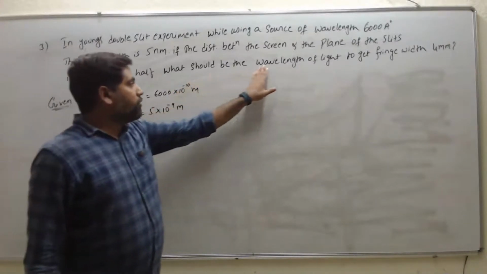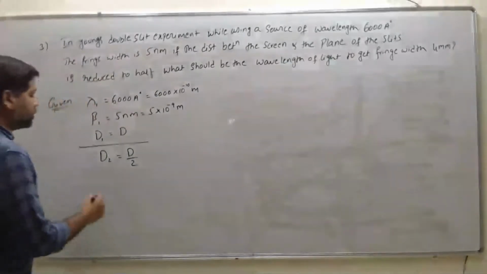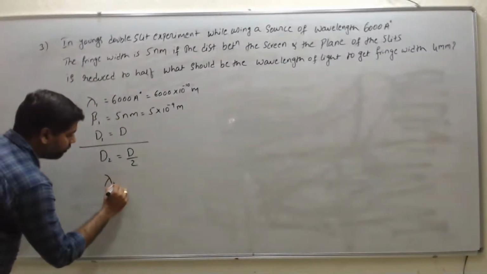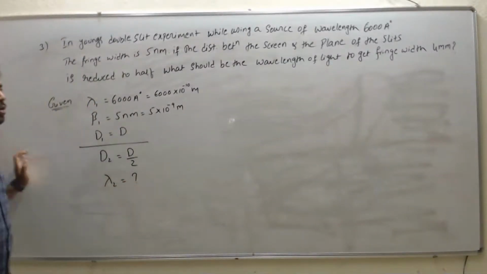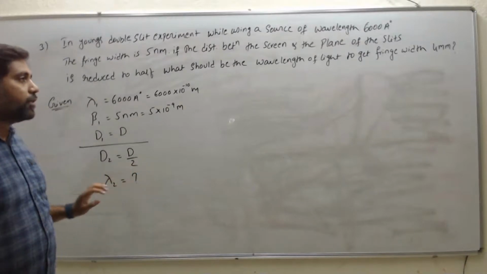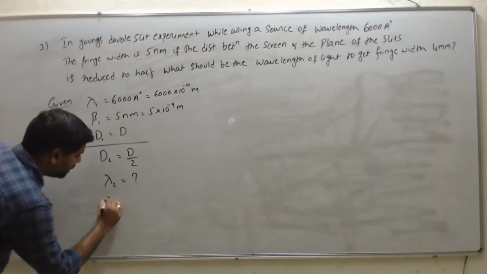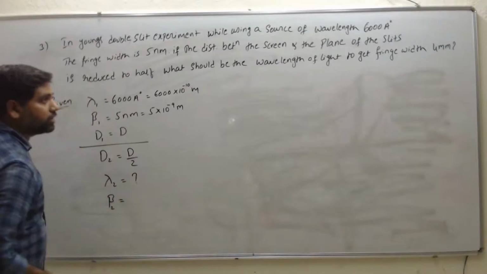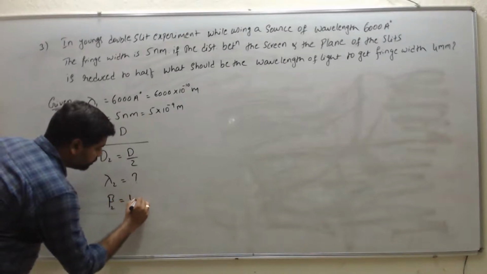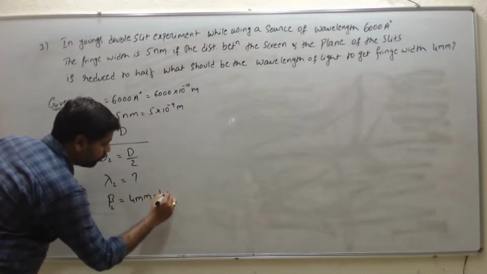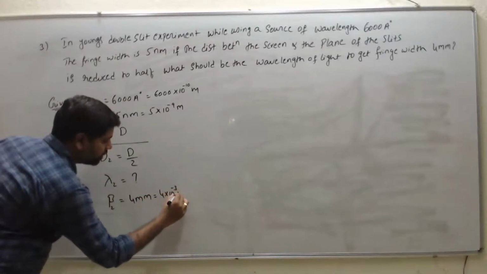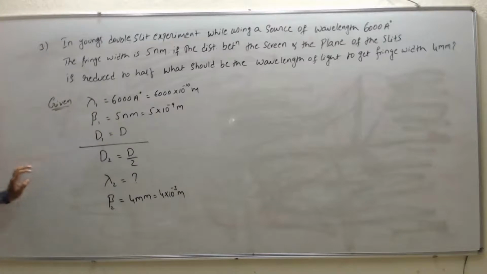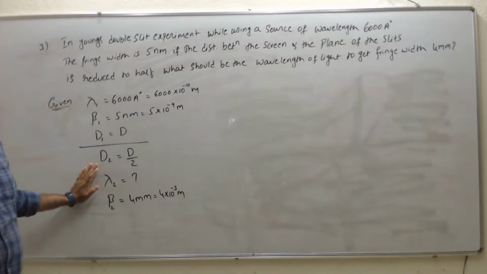So what should be the wavelength of the light? That is, we have to calculate the wavelength lambda 2, for which the fringe width beta 2 is equal to 4 millimeter, that is 4 into 10 to the power of minus 3 meter. So this is the given question.